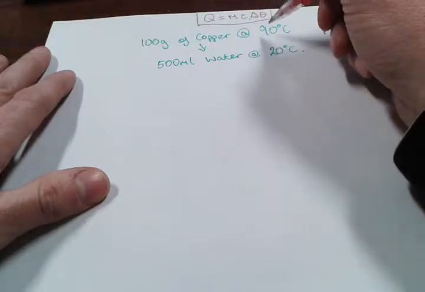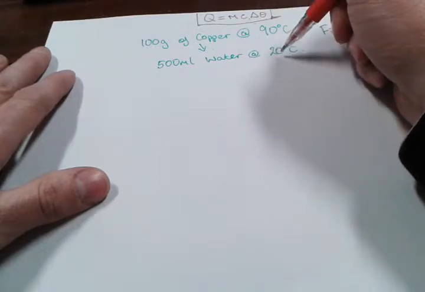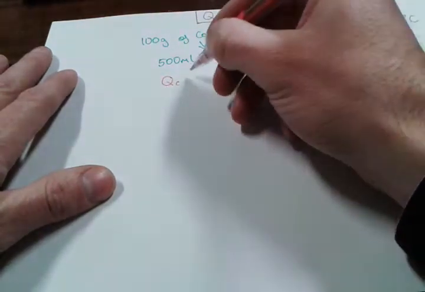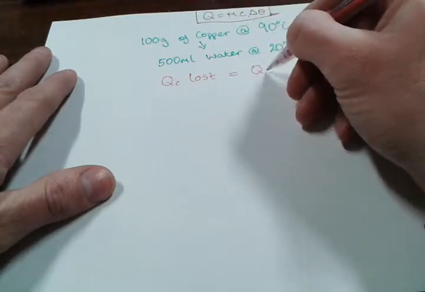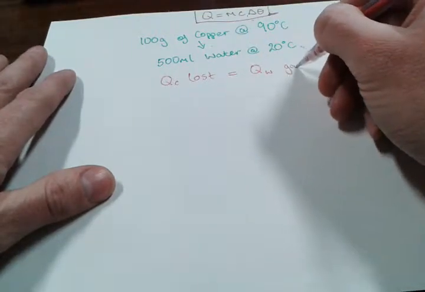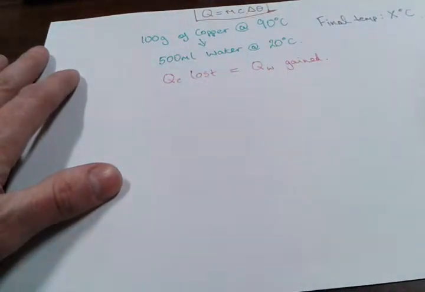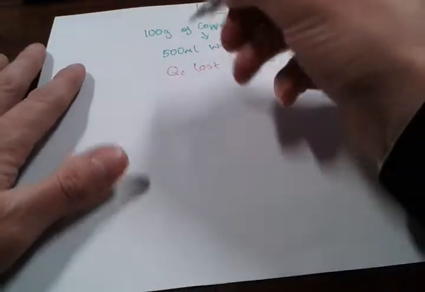So Q copper, that's lost, is going to equal the Q of the water gained. These values are going to be the same, so we can equate those, and from that we can do our calculation.